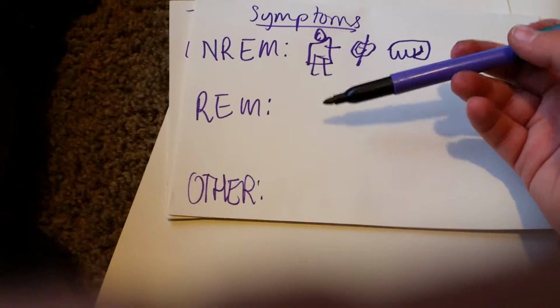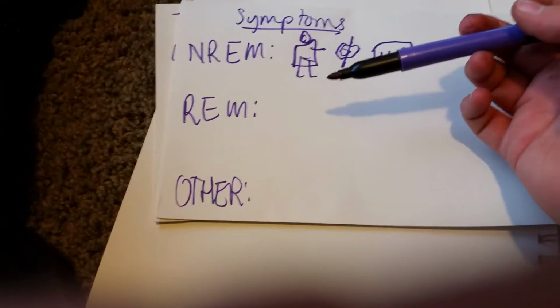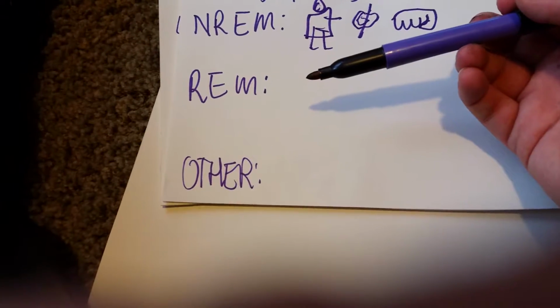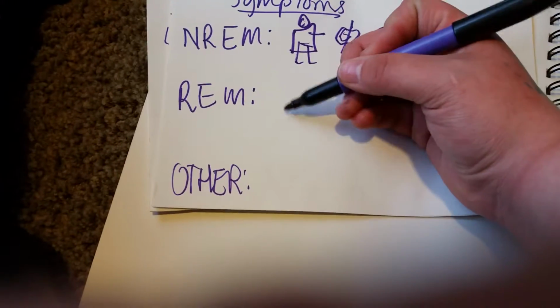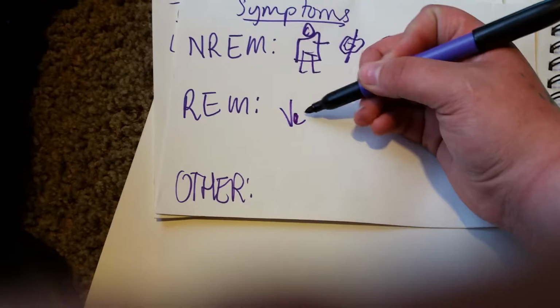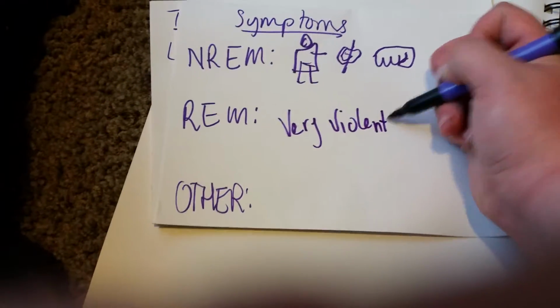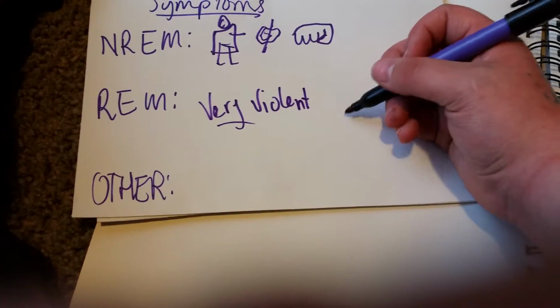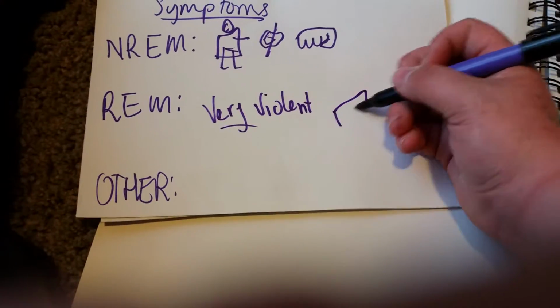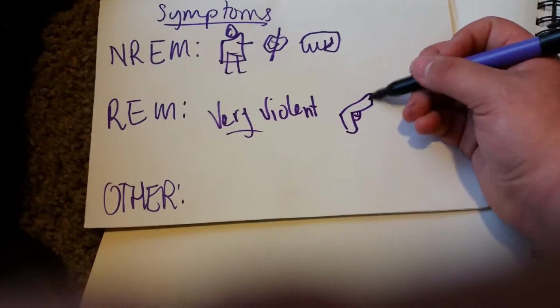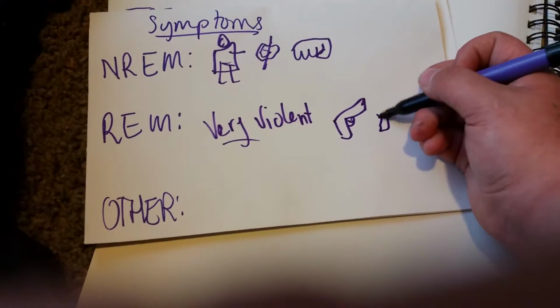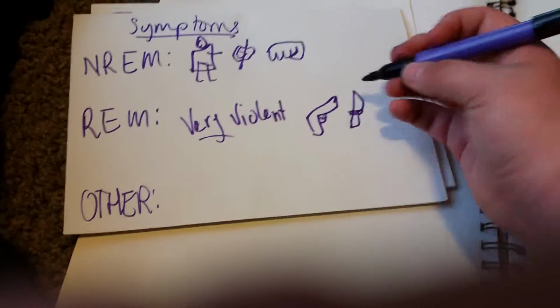In REM sleep behavior disorder, the symptoms are acting out vivid dreams while you sleep. It can be very, very violent because the dreams are often action-packed. Maybe gun-related or stabbing, stuff like that. Sometimes people can be seriously injured.